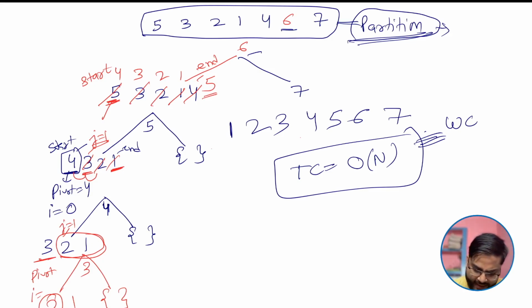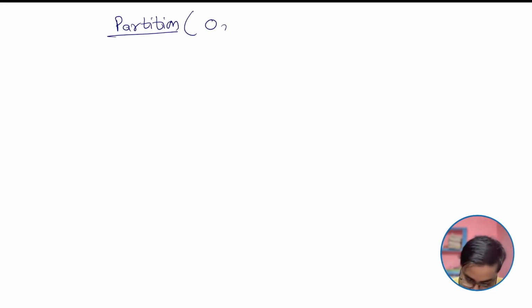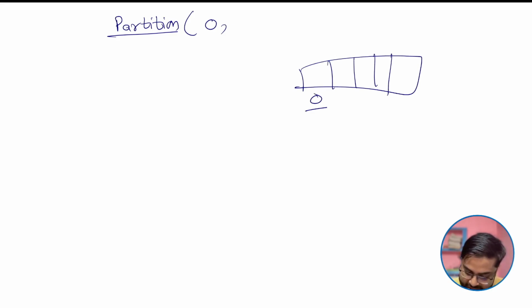So let's write it in pseudocode. First I am taking my partition. The partition algorithm will run from 0 till, let's say we have an array, its first index is 0 and last index will be n minus 1. So it will run from 0 to n minus 1, right?